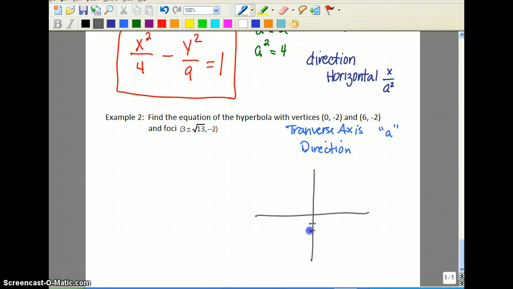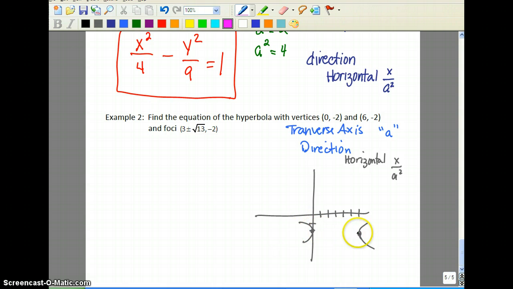0, -2, and 6, -2. Those are your vertices, so we know this direction must be horizontal. That tells us that the x goes over the a squared. Now what else can we tell? We should be able to tell the center again.